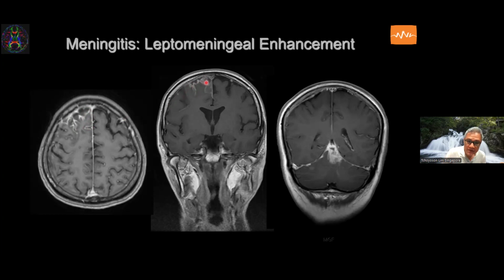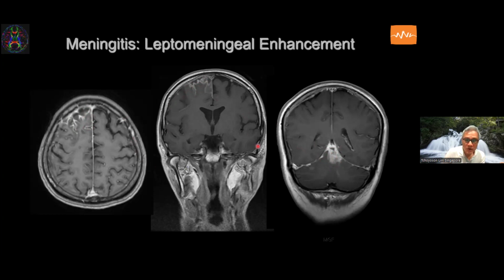Sometimes when the bacteria invades into the brain and causes cerebral inflammation called cerebritis, there can also be abnormal enhancement of the brain parenchyma as seen here. Now, this is after contrast injection.